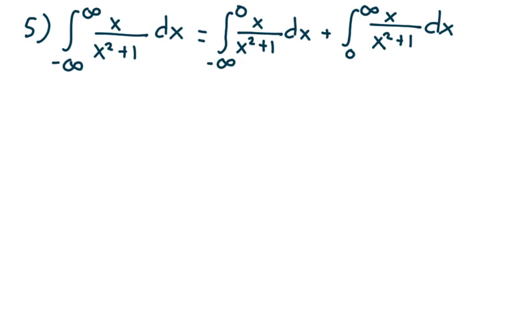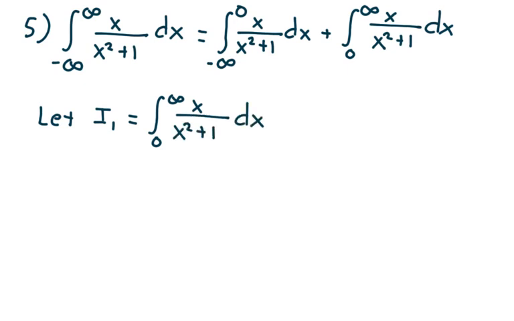Now, we're going to take one piece at a time. So I'm going to let I sub 1 equal the integral from 0 to infinity of x over x squared plus 1 dx. Now, if that integral diverges, then the integral from negative infinity to infinity of x over x squared plus 1 will also diverge.